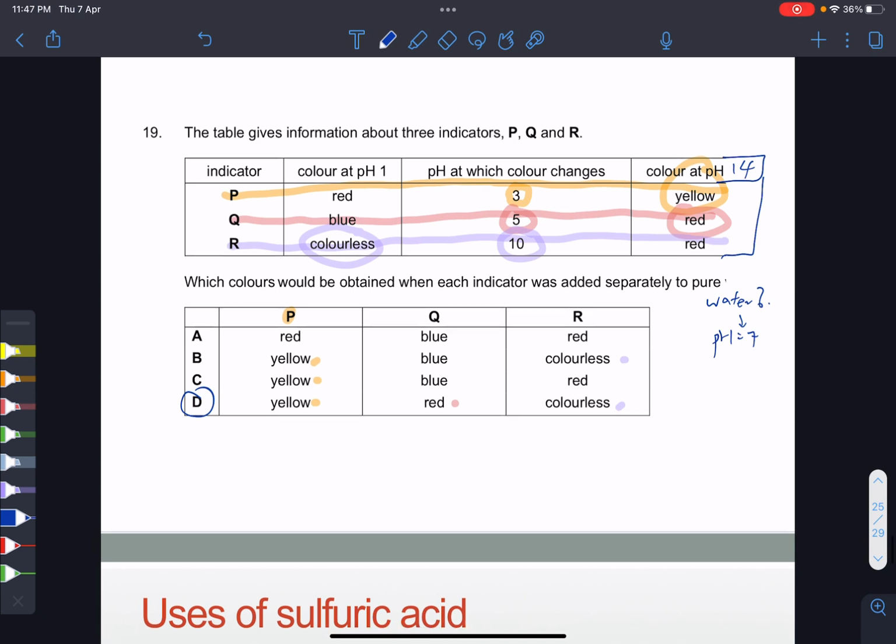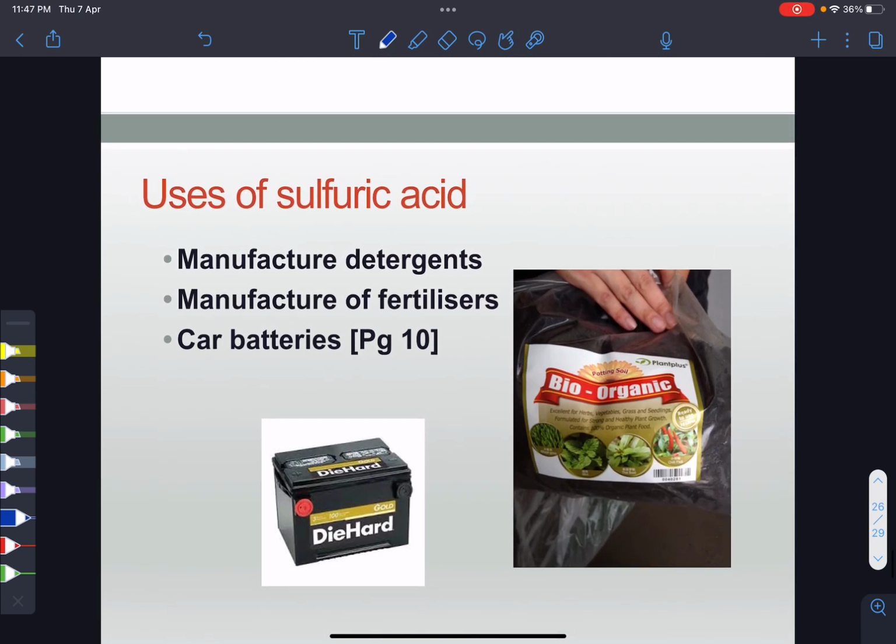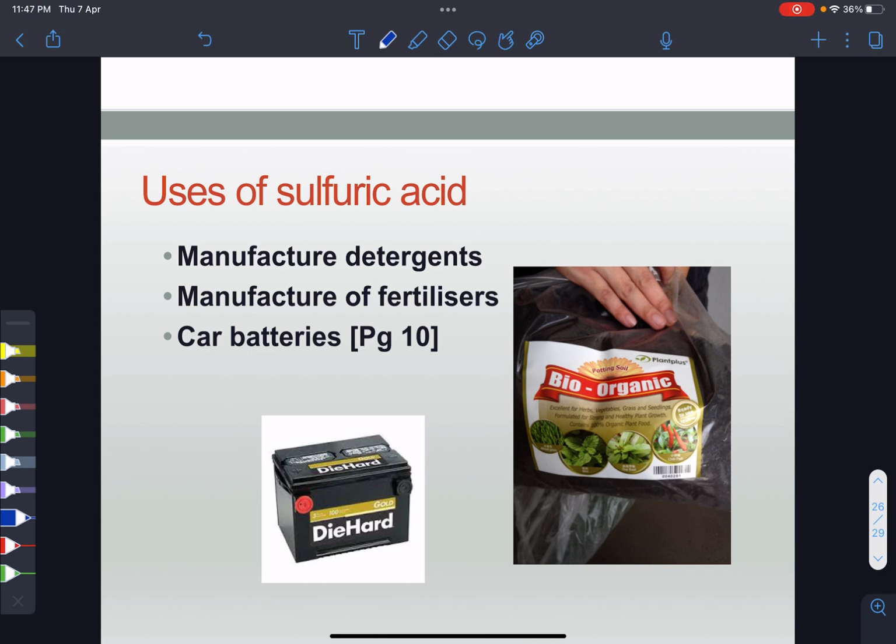Alright. Okay, this one is in syllabus. It's just 1 mark, but they can test you every now and then. So please note down.